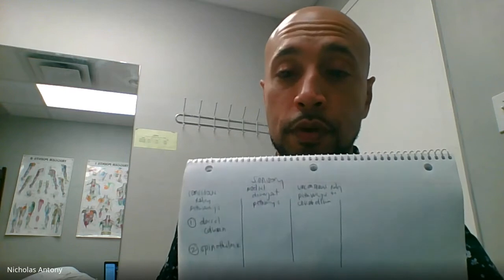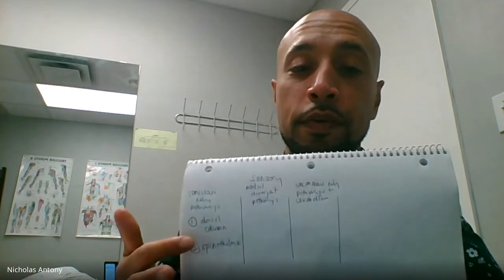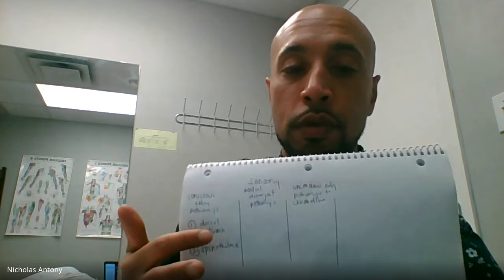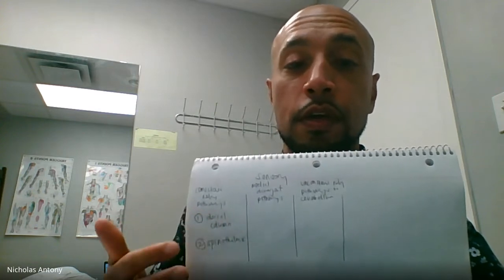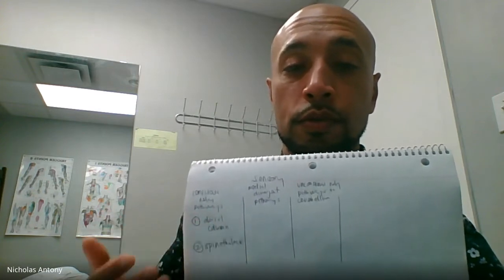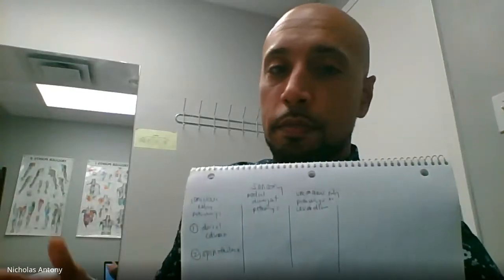So question for you guys. What is the main difference, other than the type of sensation? What is one signifying feature that's different between the spinothalamic and the dorsal column tracts? Doesn't one cross over somewhere? That's the main point.